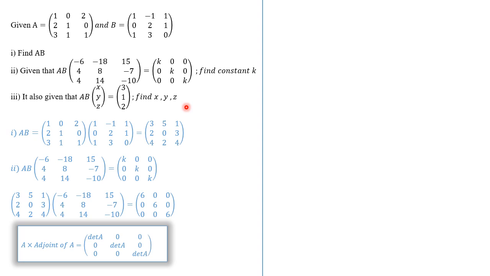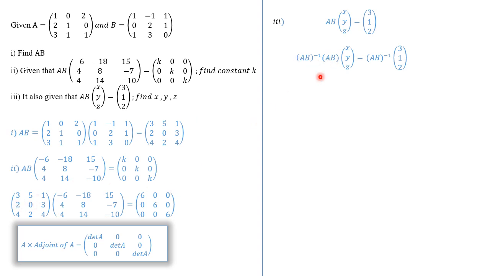All right, so AB times xyz is equal to 3, 1, 2 here. So now we can multiply both sides with (AB) inverse, because AB, remember, is a single matrix.